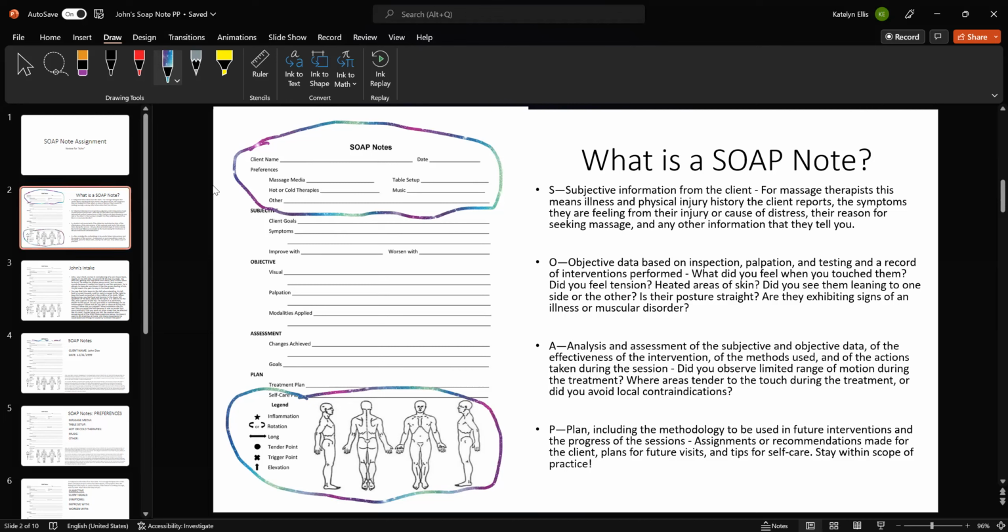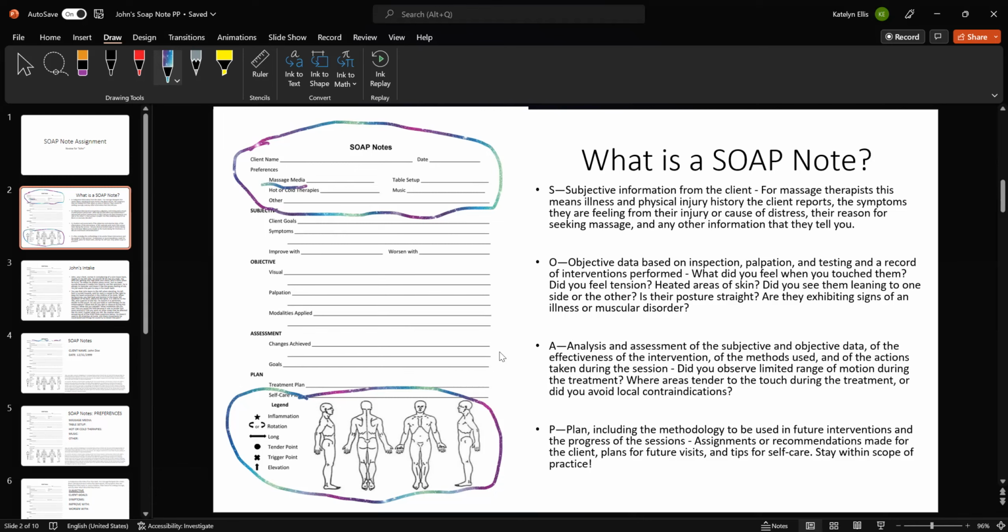All right, in this preferences section, there's this strange term, massage media. It is a combination of everything that you use during the massage. It is not just massage medium, which is whether you use lotions or oils. It is also, did you use thin sheets, thick sheets?